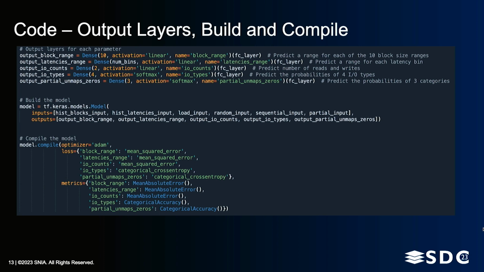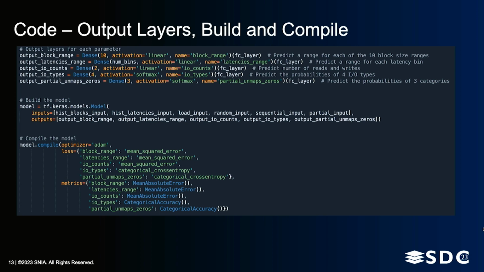The IO counts give the predicted number of reads versus writes. And the IO types give the probabilities of 4 different IOs, essentially whether it is a partial write, unmaps, or write zeros, those kinds of things. And then we have the IO types, which give sequential versus random, and reads versus writes. Then we build the model using keras.Model, and we feed in the inputs and the outputs which we defined.